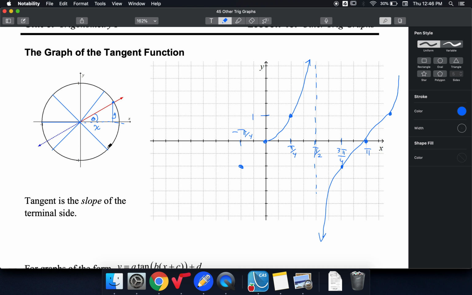If I continue going negative, if I go to -pi over 2, that's a vertical line with a slope that's undefined. So that's an asymptote. So I continue decreasing until we hit -infinity. So my curves are not very smooth.